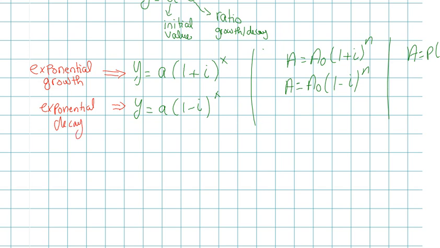Okay? Now, let's identify the variables. A, small a, which in this case is going to be A naught, small a represents your initial value. i is going to be your interest or your rate.